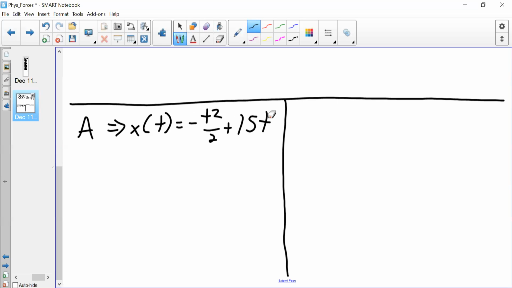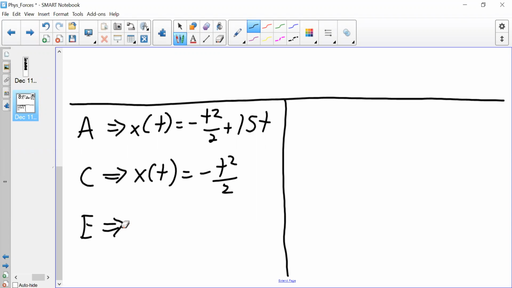And then C will be... so these are the different functions that every group is going to be choosing from. So based on the assignment of the arrangements there, we have x of t.